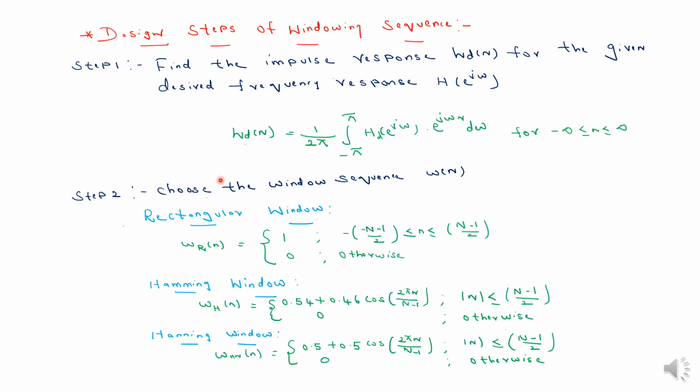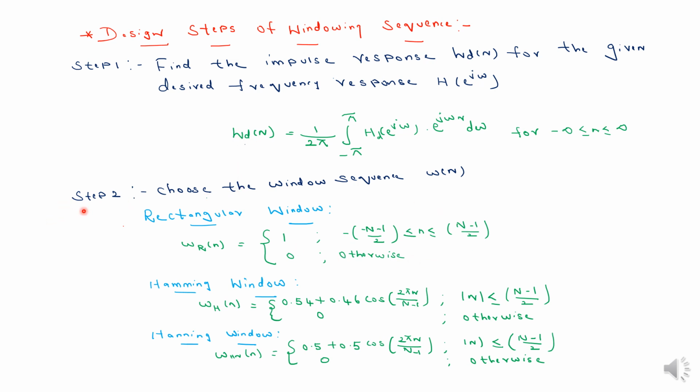It is given by h suffix d of n equal to 1 by 2 pi integral from minus pi to plus pi of the frequency response h suffix d of e power j omega into e power j omega n d omega. Since this is an infinite impulse response, the range of n will always be from minus infinity to plus infinity. After finding the infinite impulse response, we need to choose an appropriate window w of n.